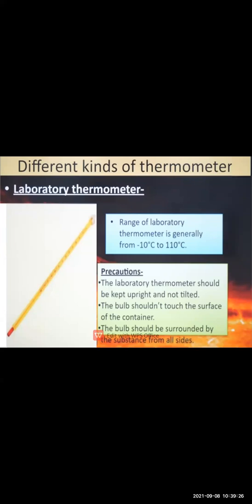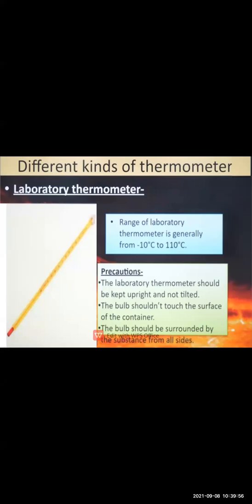Whenever you are using the laboratory thermometer, you should hold it upright. The bulb should not touch the surface of the container. So when you are measuring the melting point or boiling point of an object, the bulb of the thermometer should not touch the container. You have to hold it upright.